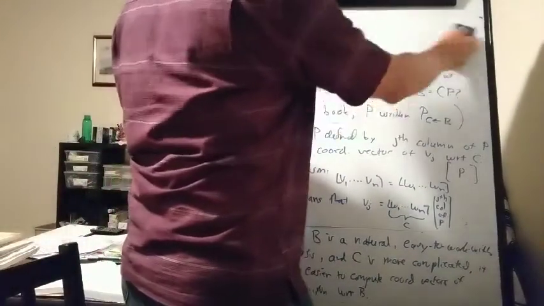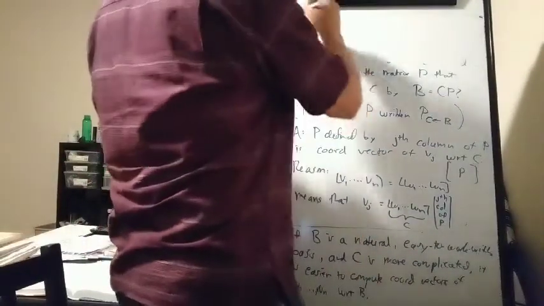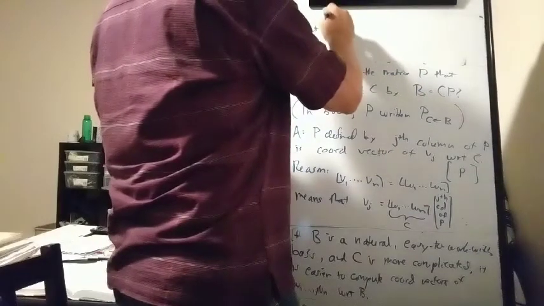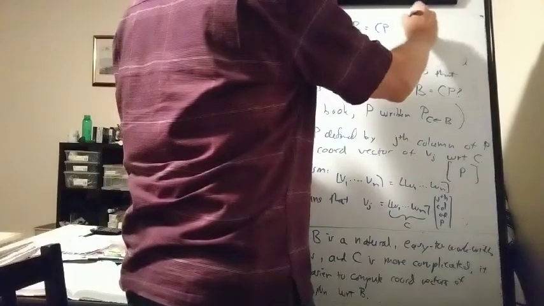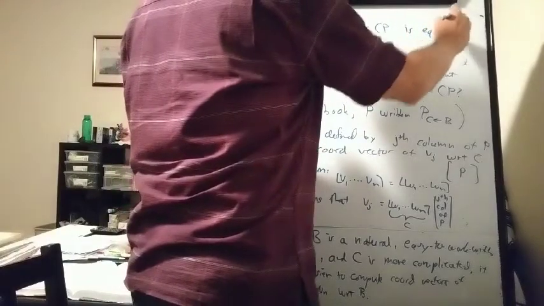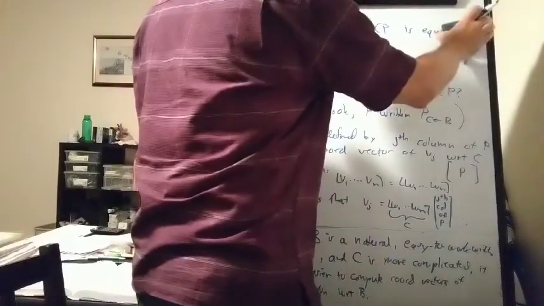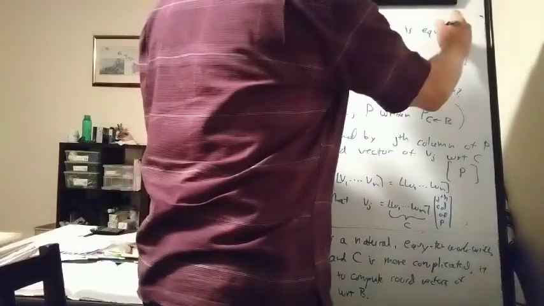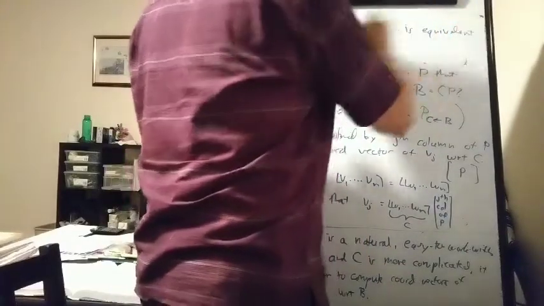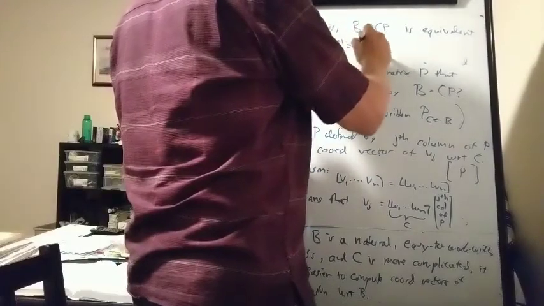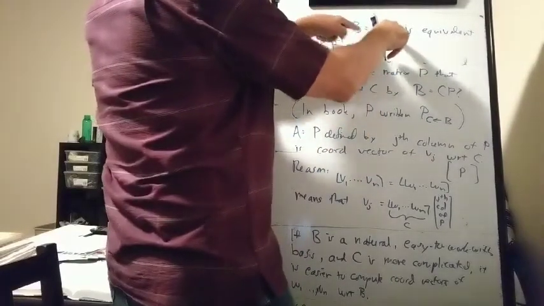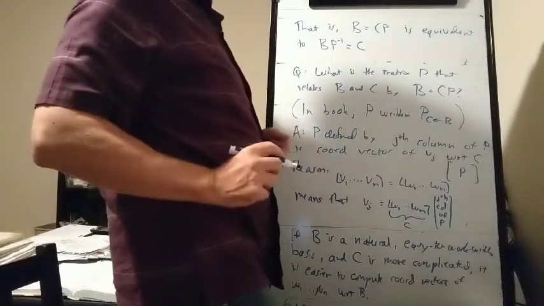That is, the equation B equals CP is equivalent to BP inverse equals C, if we multiply both sides on the right by P inverse.